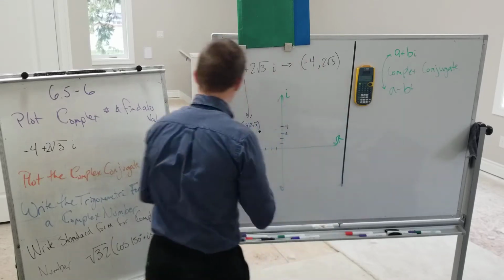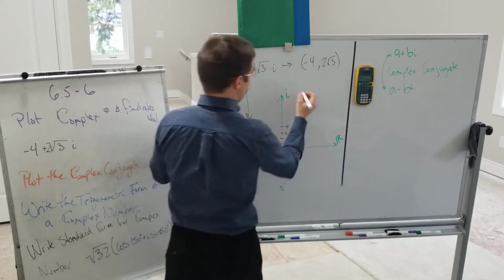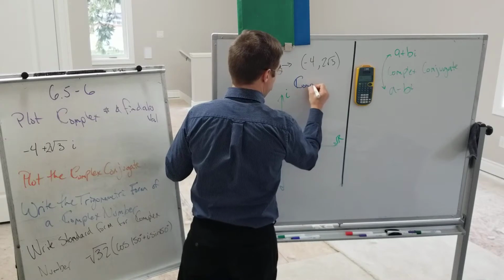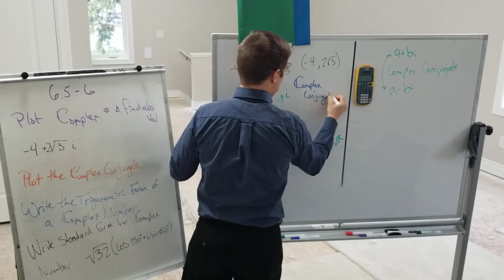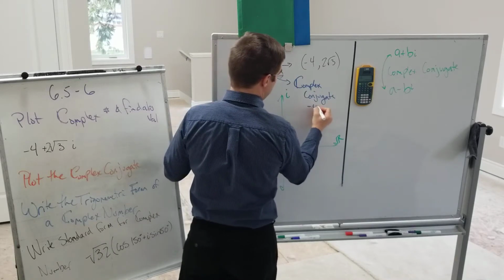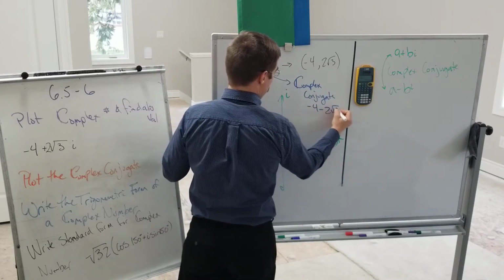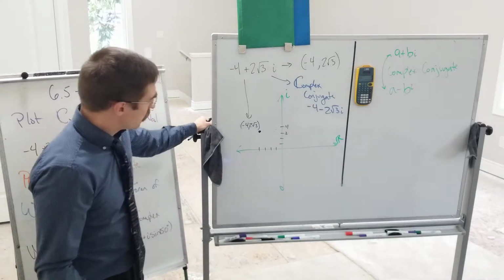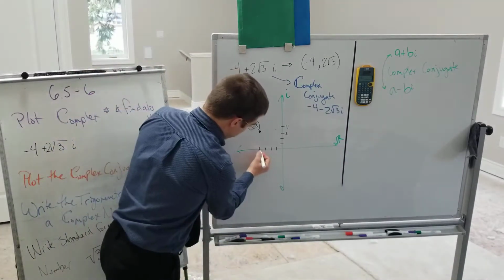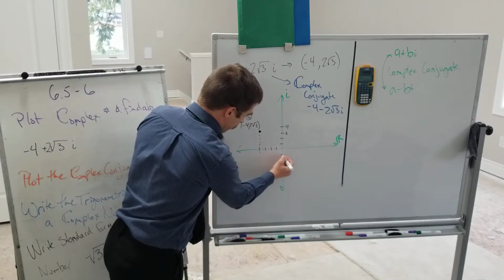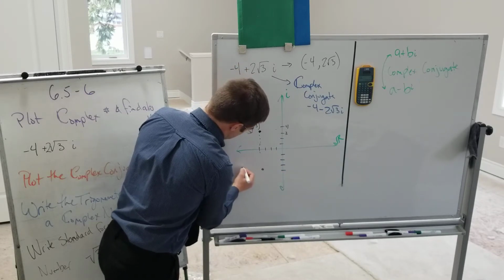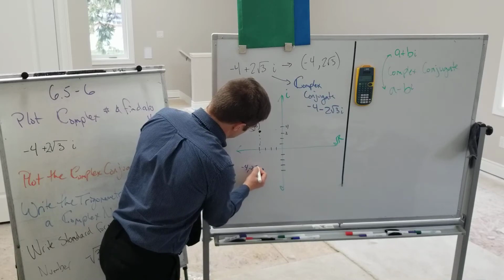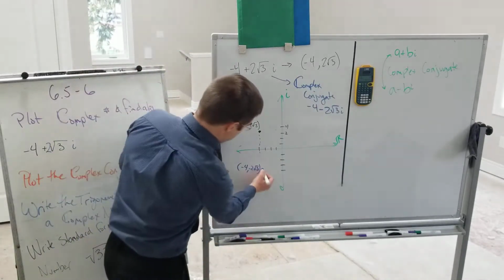Let's go blue. The complex conjugate is going to be -4 minus 2 root 3i. So in other words, it's still at -4 for my real part, but it's going to be down here at -4 comma -2 square root of 3. Right, it's this point right there.